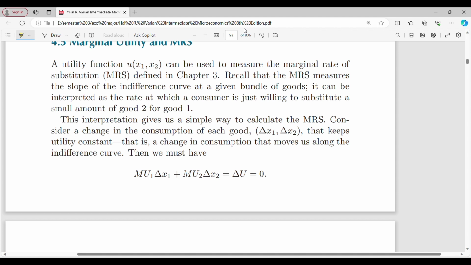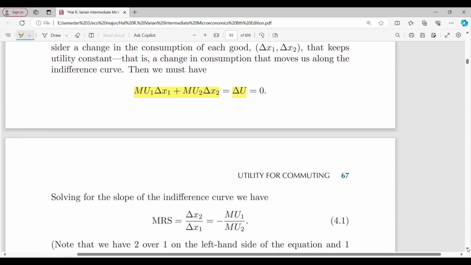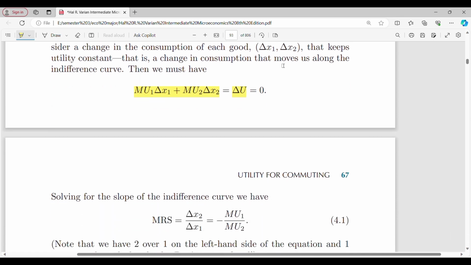That means the change in utility must be equal to 0. How? The change in utility brought by both goods will be calculated as the marginal utility times delta x1 and the marginal utility times delta x2. That will be equal to delta u, and that has to be equal to 0 if we have to move on the same indifference curve.